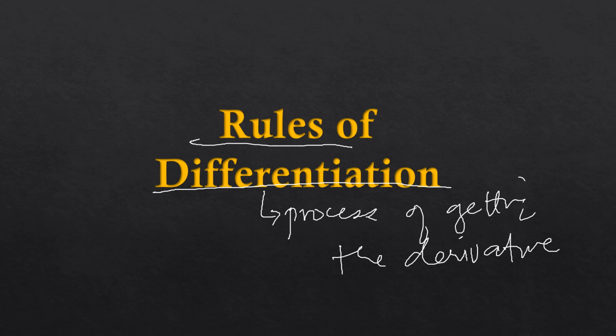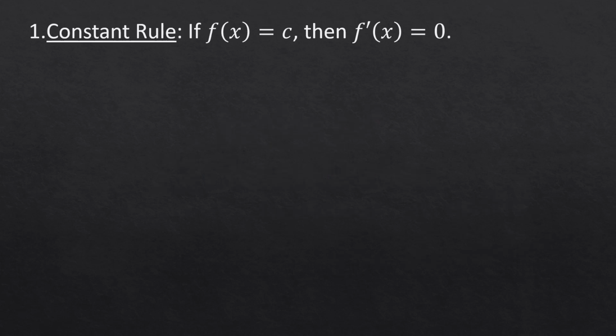Regardless of the type of the functions, these basic rules must be applied. The first rule is the constant rule. It says here, if f of x is equal to c, where c is any real number, then its derivative is simply 0. Well, that is according to the rule.